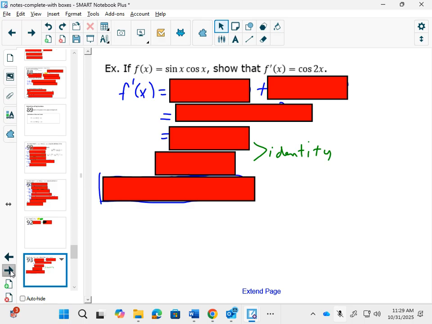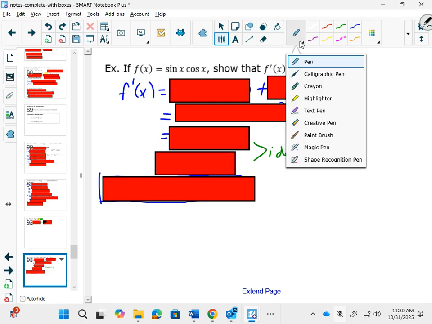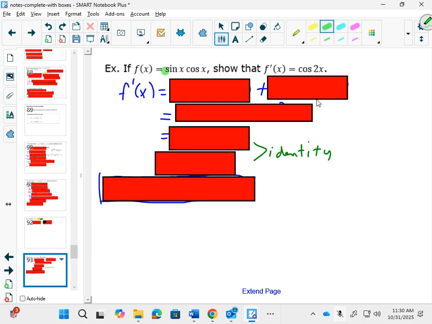If f of x is sine x cos x, show that f prime of x is cos 2x. So first of all, you would do things like you normally would. I notice I have this times by this. I have a product rule because I have something with x times something else with x. So how do I do the product rule?